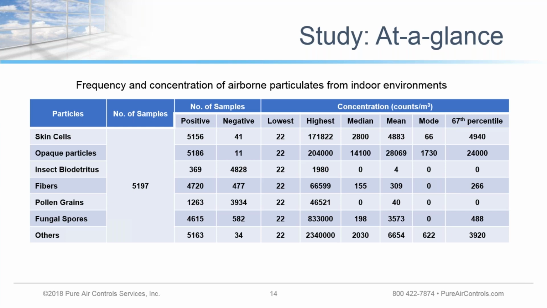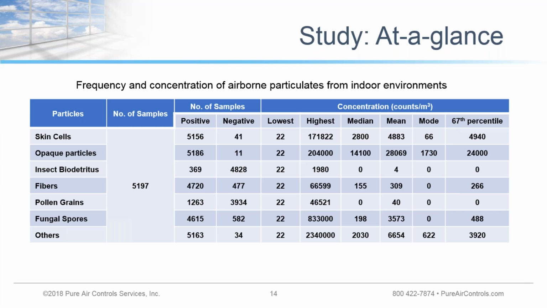The same statistics I want to give our viewers for the air, when we are exploring the skin cell in the air. The result is very interesting because I have about 5,197 samples for various particles: skin cell, opaque particle, insect, fiber, pollen, fungal, and others.